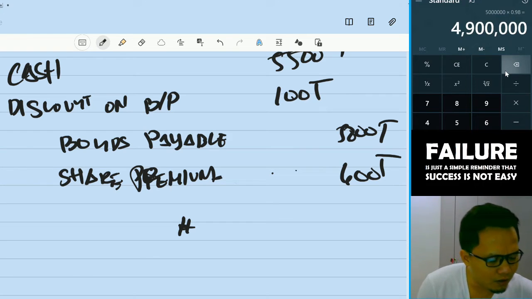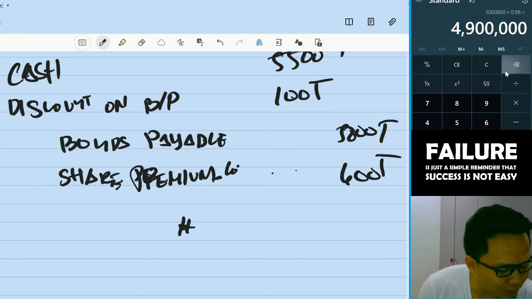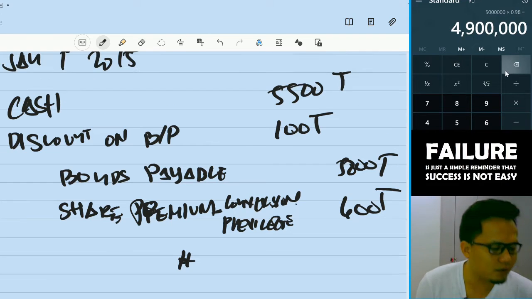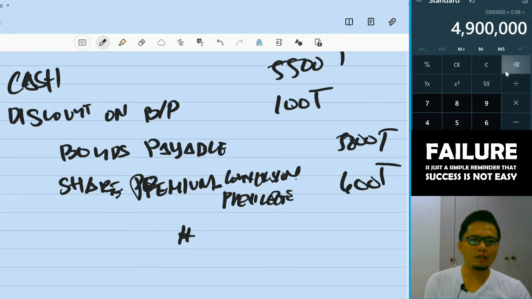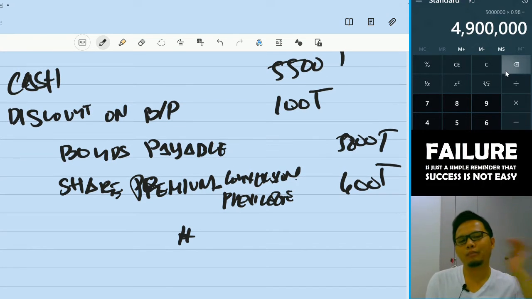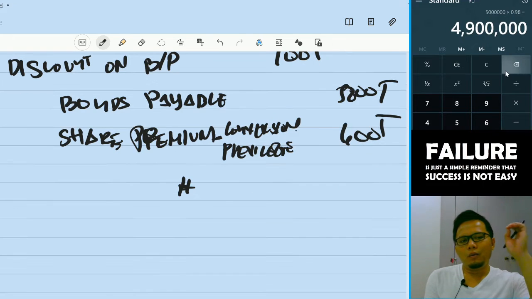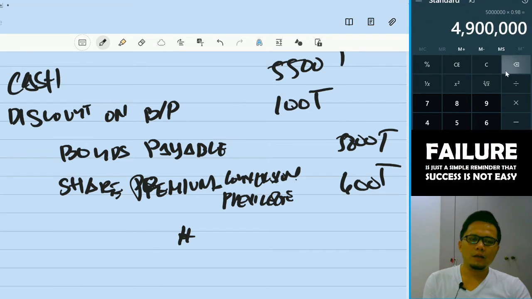Conversion privilege. So, that is on the date of issue. Now, when it comes to convertible bonds, there are two scenarios that we are to encounter here after the date of issue.